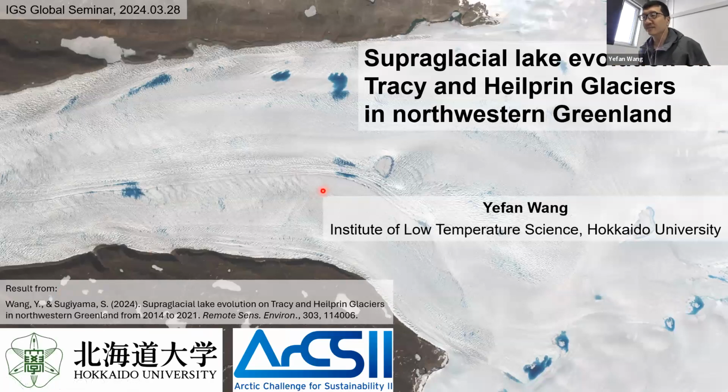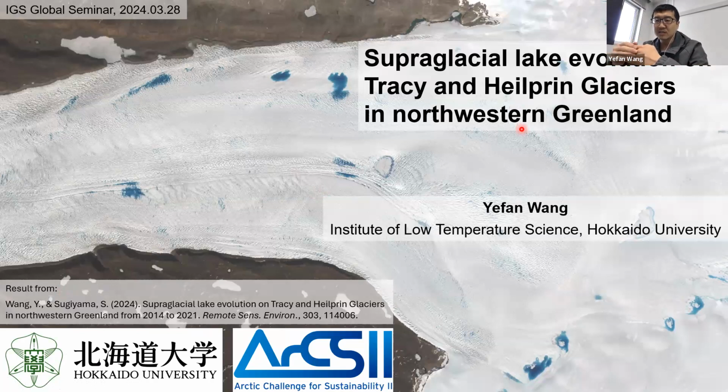Okay, so my name is Yefan Wang from the Institute of Low Temperature Science, Hokkaido University. And today I will talk about the supraglacial lake evolutions on Tracy and Heilprin Glaciers in northwestern Greenland.